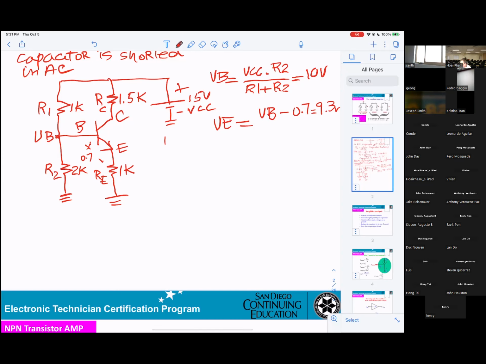I want to know, how do I get IE? RE over 9.3 over 1000.